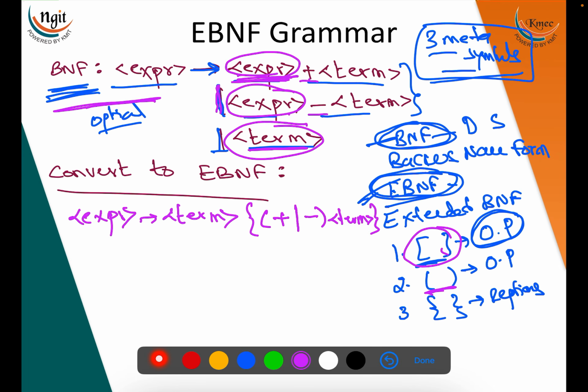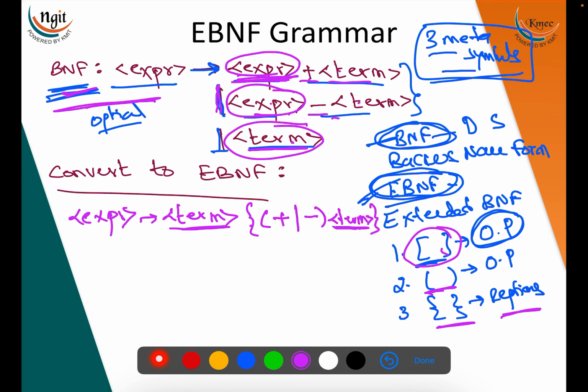Now finally the BNF grammar is what? Term plus term, term minus term, term. In all these 3, term is the repeating element. So for repetition we have braces. One term is outside of the repetition block, the other term is inside the repetition block.